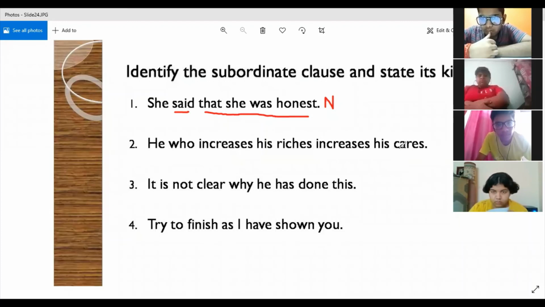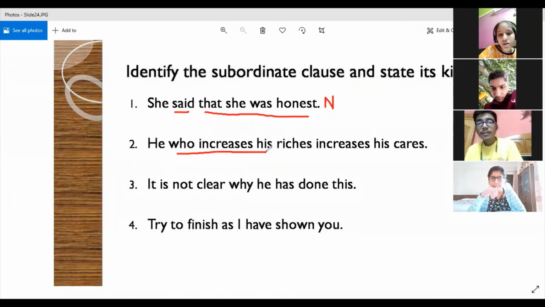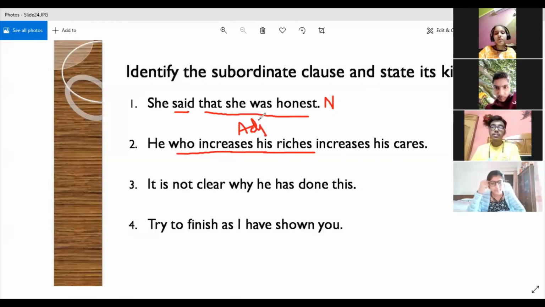Okay, mute yourself. There is a lot of noise coming from your end. Just listen. Your answer is incorrect, so pay attention. Divyanshi. Ma'am, who increases is an adjective clause because it is defining the pronoun he. Very good. It is defining the pronoun he.